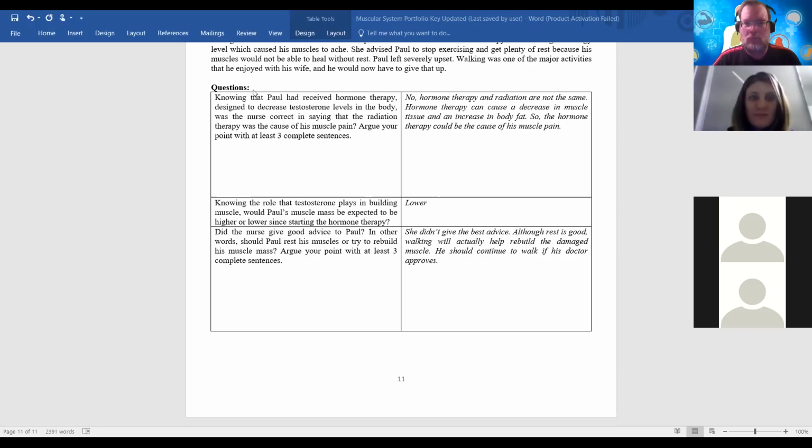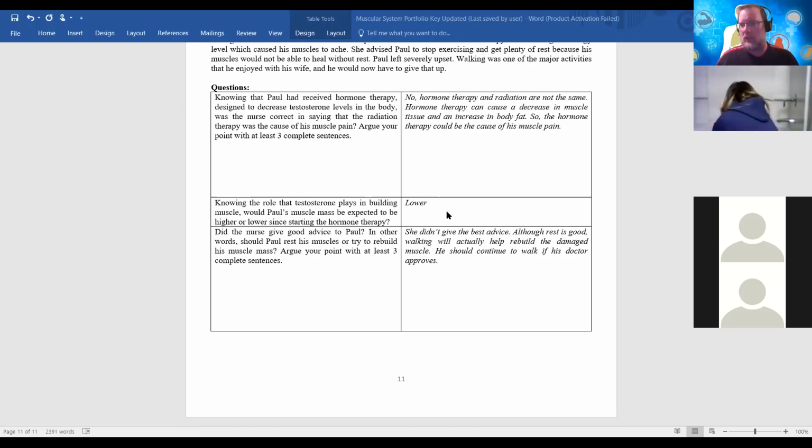So Paul is getting hormone therapy. The hormone therapy is decreasing his testosterone, and we know that testosterone generally is going to cause muscle mass increase. So that kind of takes you down to the second question. First, testosterone builds muscle.